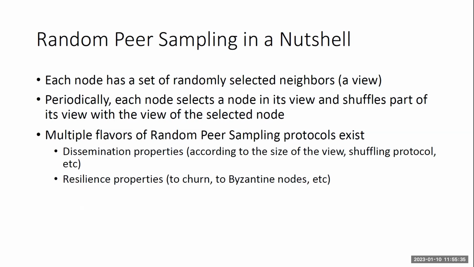And the second thing is sort of personalized random peer sampling. So random peer sampling is an algorithm that allows to maintain randomness in the graph that connects nodes to each other.